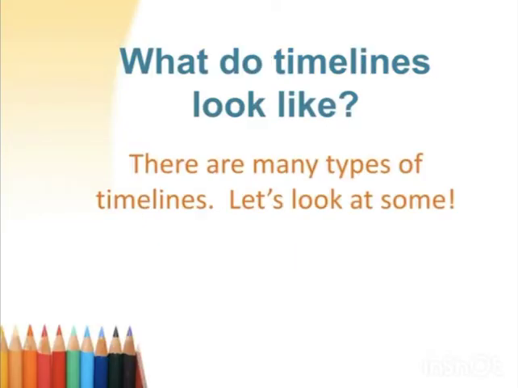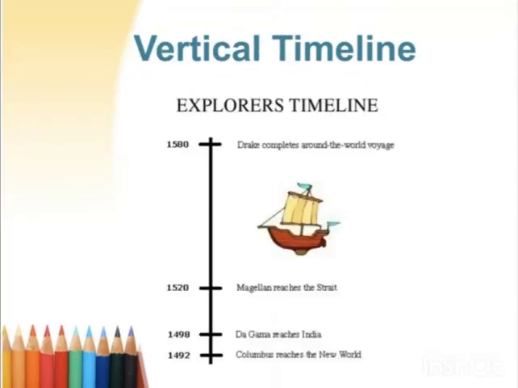What do timelines look like? There are many types of timelines. Let's look at some. Now, we have already seen the vertical timeline, which starts from the bottom and ends on the top. Now, if you have to make a vertical timeline, what will you do?